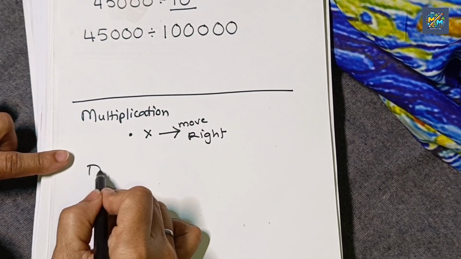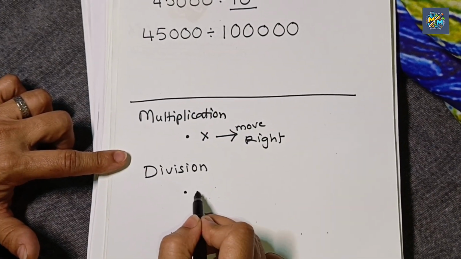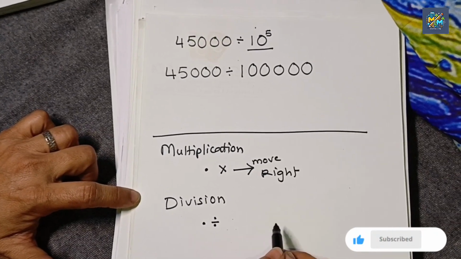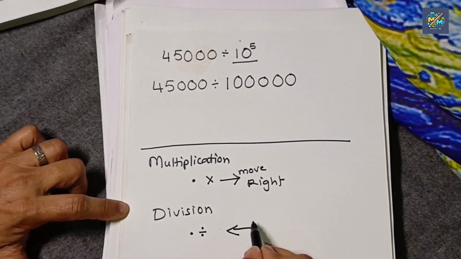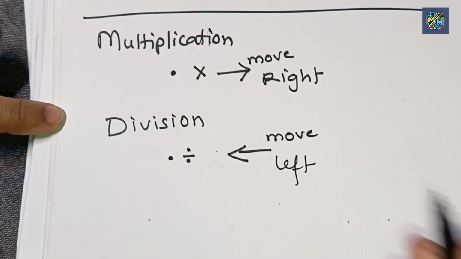But when there is a division sign and a decimal sign, our movement is going to be towards the left side.